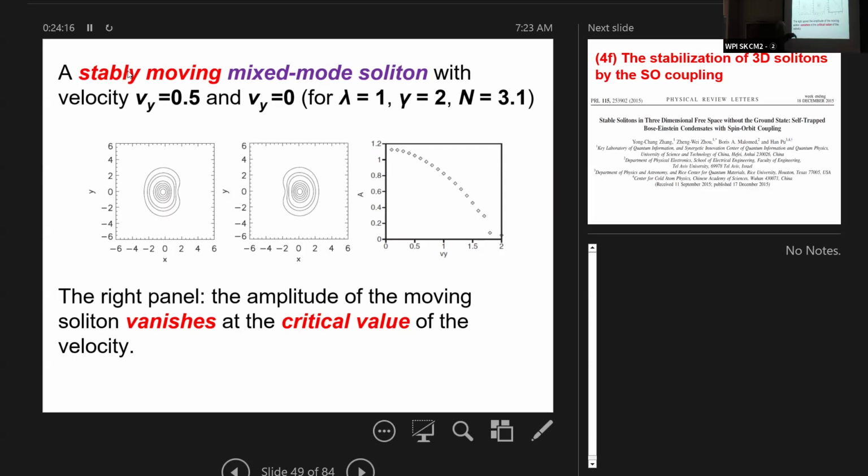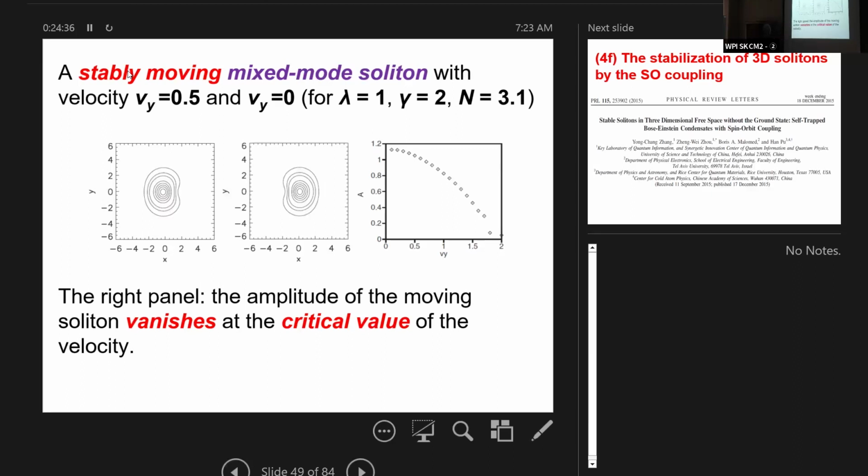Now it's deformed because of the motion. And what is essential, the amplitude gradually decreases with the increase of the velocity, and there is a critical value of the velocity at which this amplitude becomes equal to 0, which means delocalization of the soliton. So the soliton cannot exist anymore with the velocity exceeding this critical value.